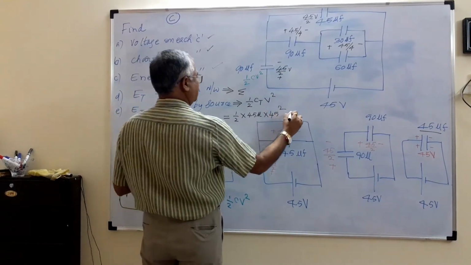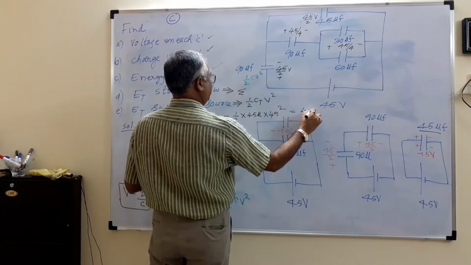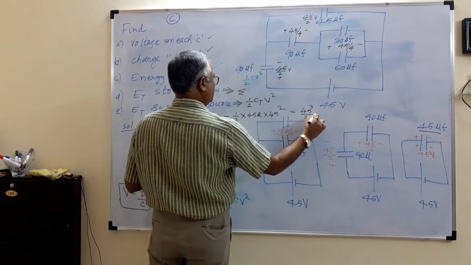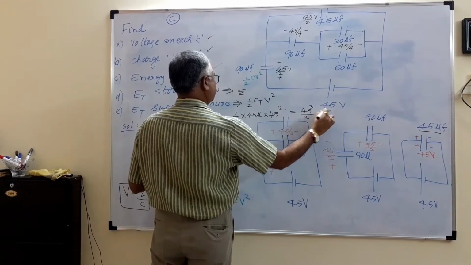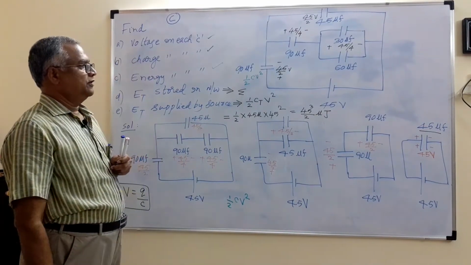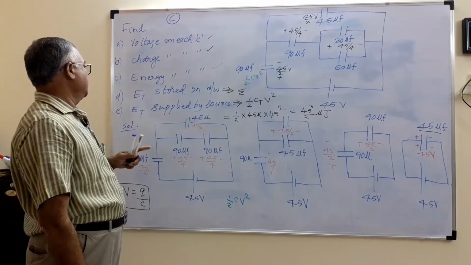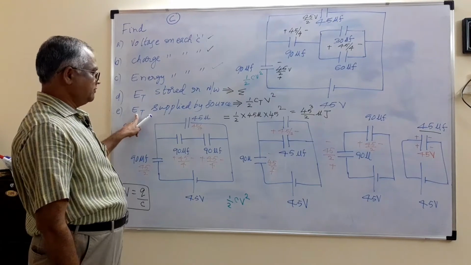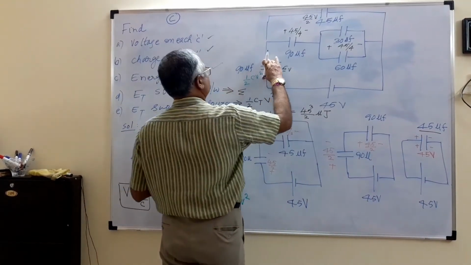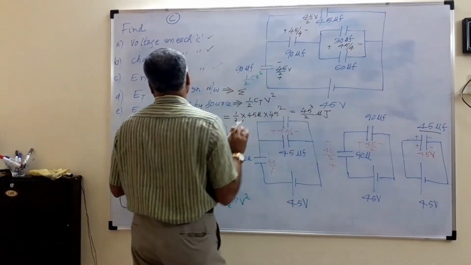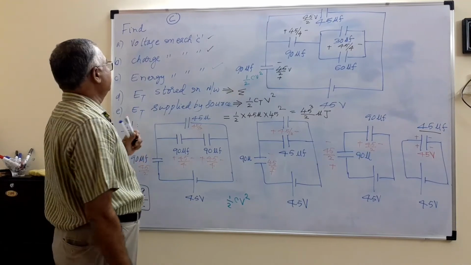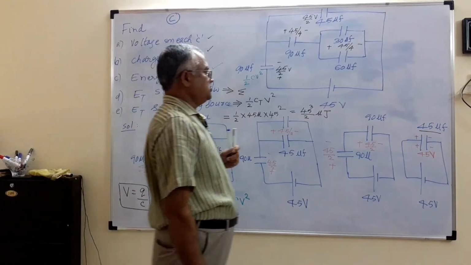So what is the answer? 45 cube by 2 microjoules. That is the total energy supplied by the source. If you add the energy stored here, here and like that, the answer should be the same.